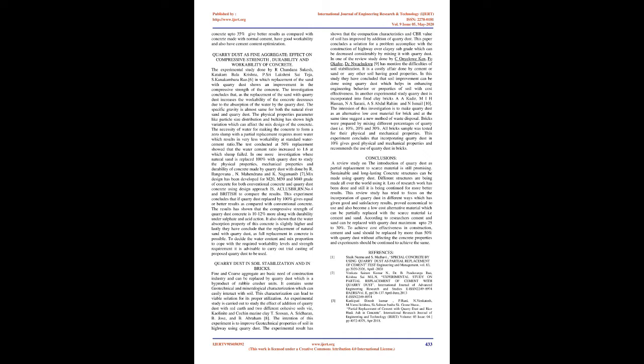Kankipati Dinesh Kumar, P. Rani, N. Venkatesh, M. Vamsi Krishna, SK. Salman Basha, SK. Gauss Beza 3. The result of this experiment concludes that adding rice husk ash with quarry dust and replacing it partially with cement in concrete up to 35% gives better results as compared with concrete made with normal cement, has good workability and also has cement content optimization.